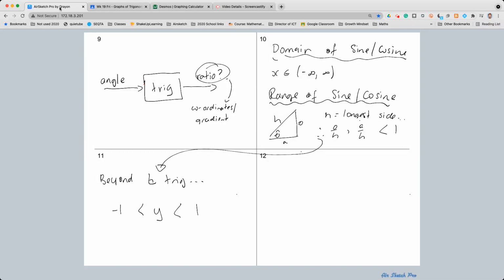The range of the sine and cosine function must be between 1 and -1. But there's one other thing we need to consider, and that's the boundary values. And if you remember, if I can just quickly flick back to that.